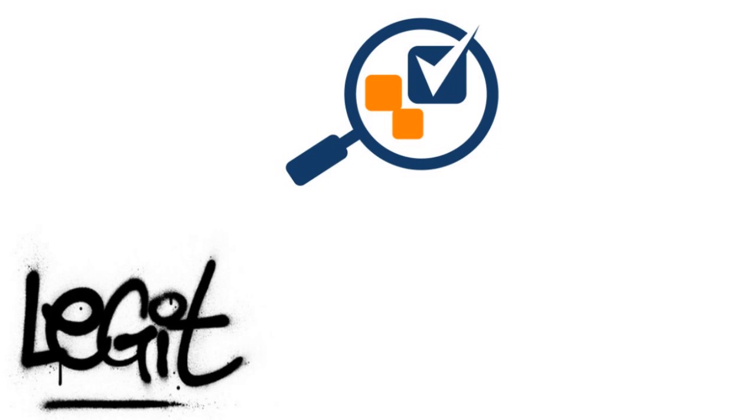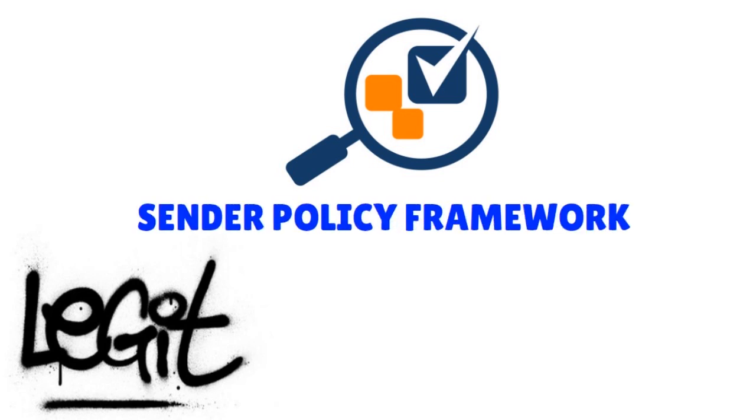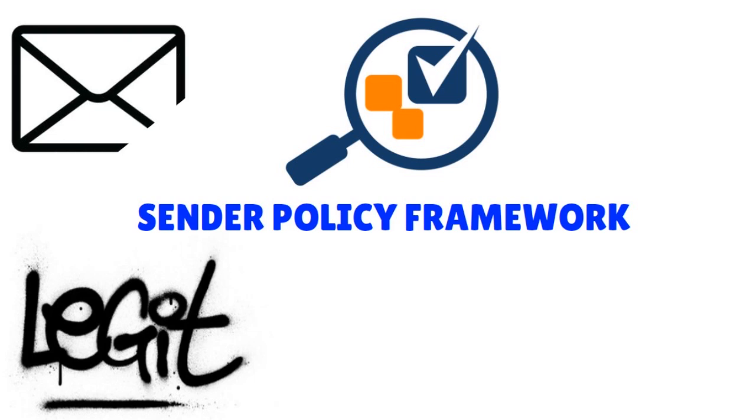Okay, so when you think about those acronyms, what do they mean specifically? SPF means Sender Policy Framework. This is an email authentication protocol that verifies whether a sender's IP address is authorized to send emails on behalf of a domain. You also have DKIM, DomainKeys Identified Mail, an email authentication method that uses cryptographic signatures to ensure that an email's content has not been altered during transit.